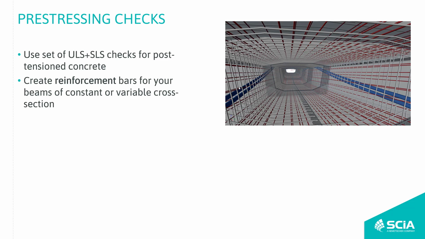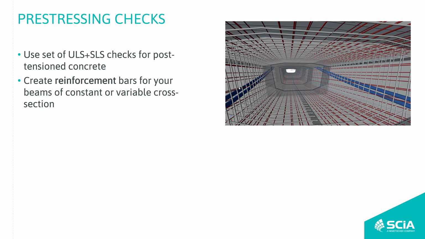I have been talking about the calculation, but calculation is useless without any possibility to check what you included in the structure, what you, let's say, designed. Therefore, we also have available checks for ULS, or ultimate limit state, and also serviceability limit state checks for post-tension concrete.